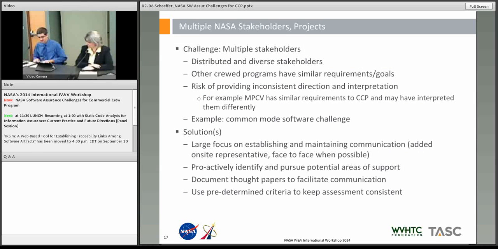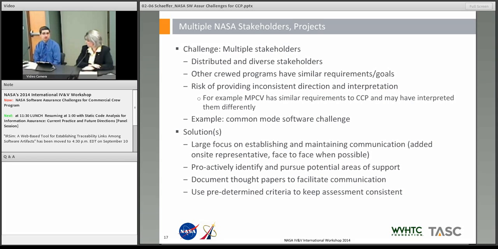One thing we hadn't covered too much of was the multitude of stakeholders that we're dealing with. Kathy already mentioned the FAA, and of course the commercial providers. Those are external to NASA, but even internal to NASA, we have reach back support across the agency with multiple disciplines and perspectives, and many of them are critical to include in our assessments.